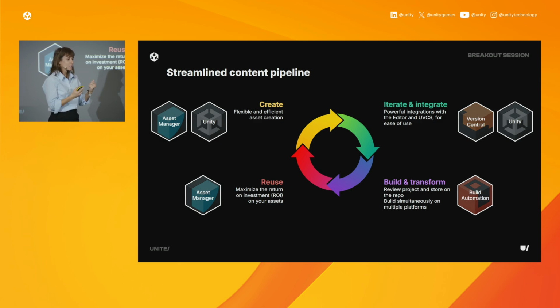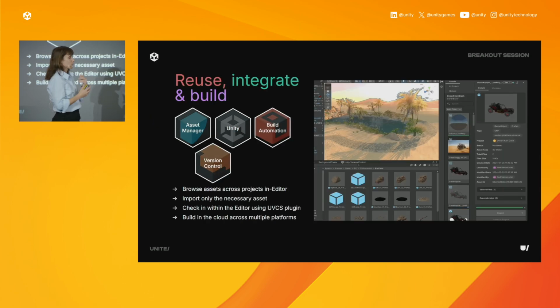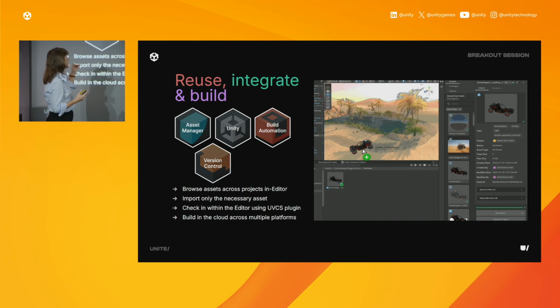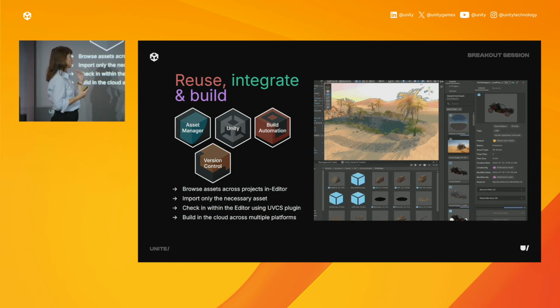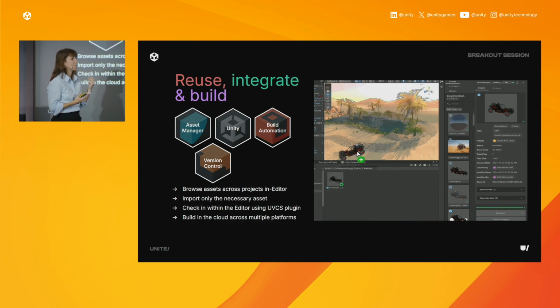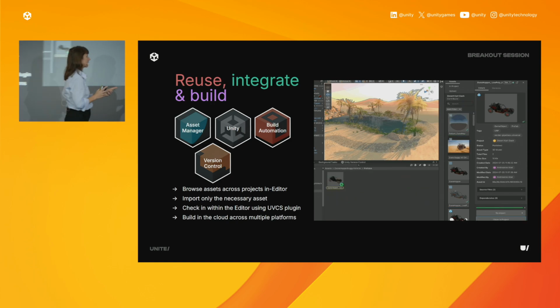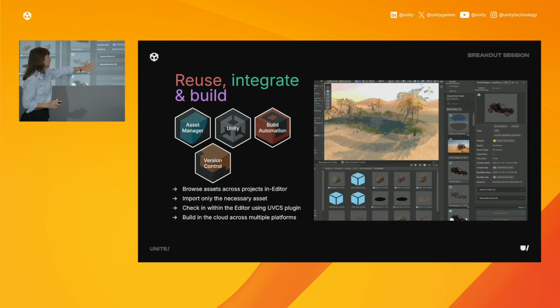Yeah, so let's go a little bit more into details about what we demoed with each tool. Chafik showed us how you can browse assets across projects from the Unity editor, from the Asset Manager window. He showed us how you can import only the necessary assets, so only getting the asset with the dependencies. And I think it's something we haven't shown in the demo, but we have a dependency section here.